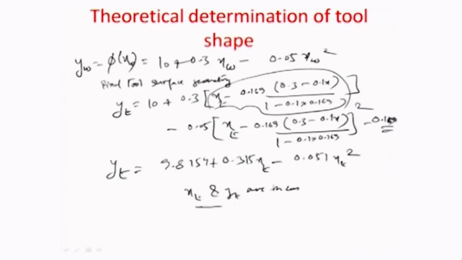Okay. So, basically this is a very good methodology of giving a sort of optimum tool shape for a single curvature, which is already given by a quadratic equation for the workpiece shape. So, I think today we are kind of at the end of the lecture.